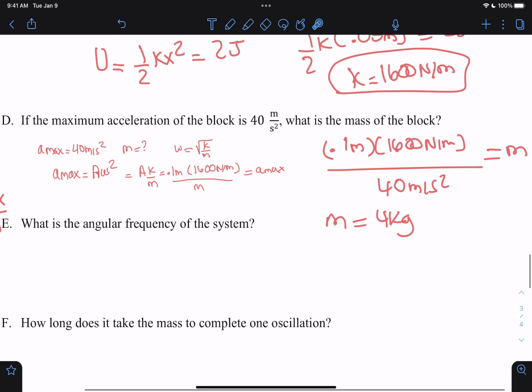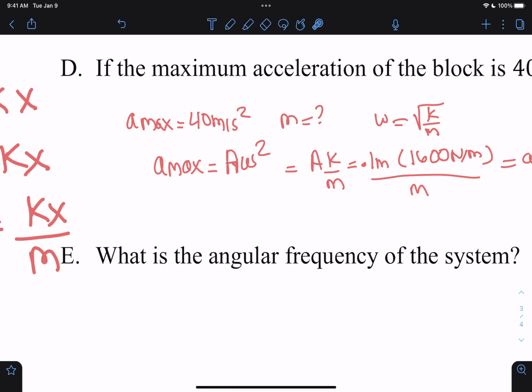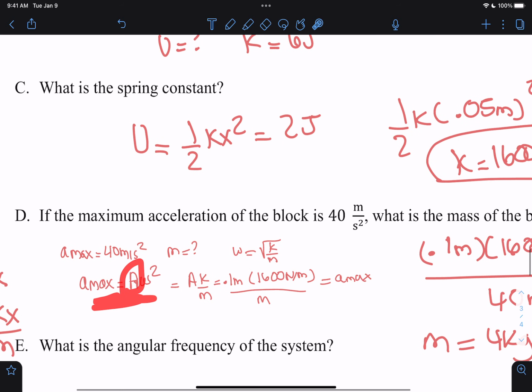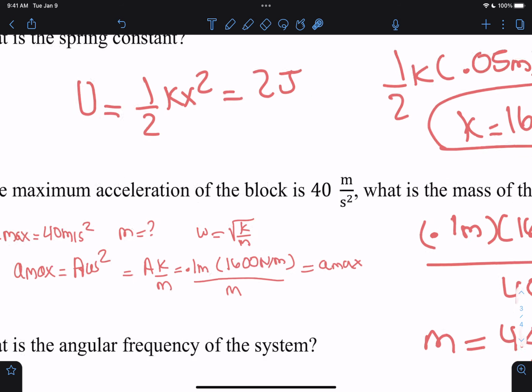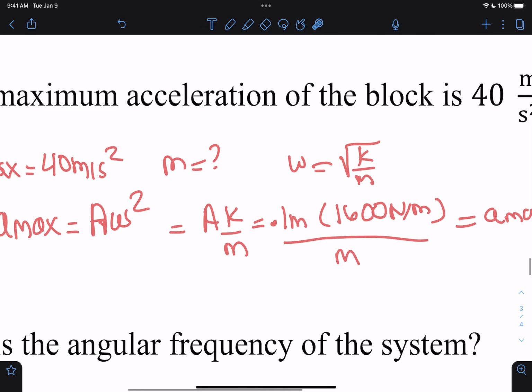Yeah, so for when we're calculating the maximum acceleration, there's an equation for it, which is the amplitude times the angular frequency squared. Based on that relationship, if we can get that amplitude from the graph and then multiply it by the angular frequency squared, we should be able to get that maximum acceleration. But what we're looking for here is the mass of the block.